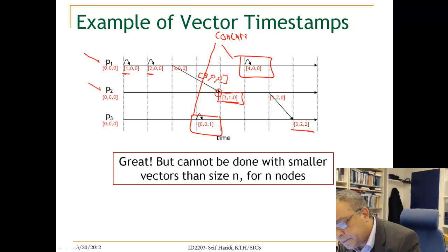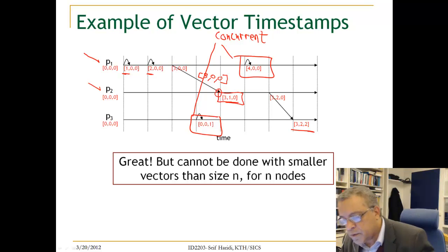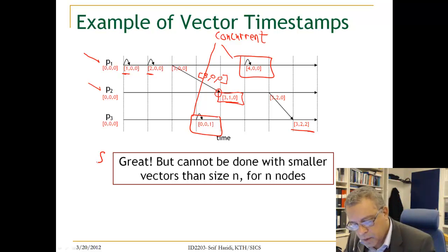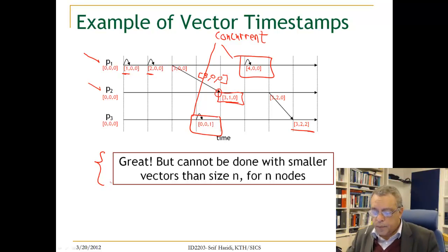So vector timestamps are quite powerful. Just by looking at the vectors associated with the events, they can tell us which events are causally related and which ones are concurrent.